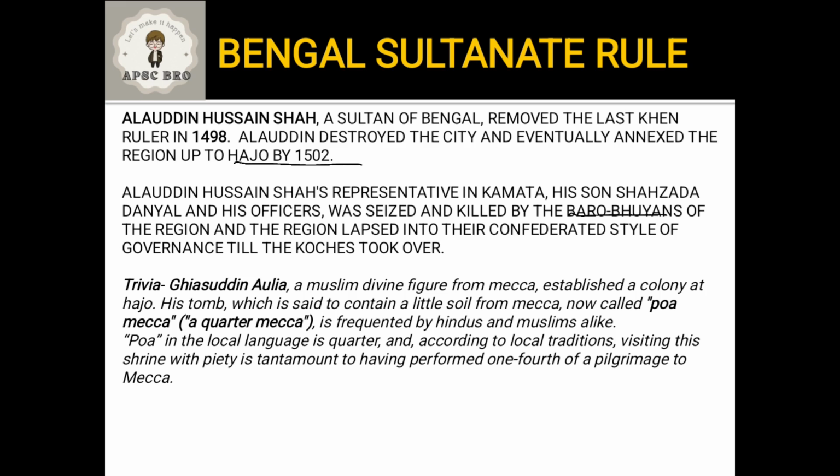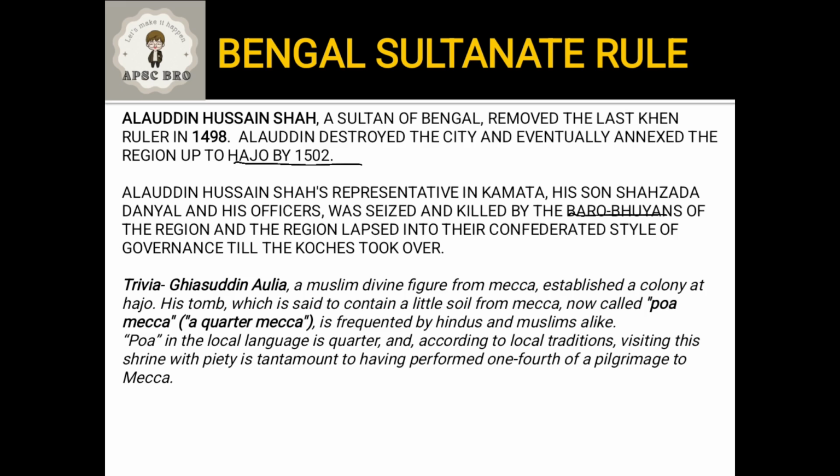So these Bhuyan chieftains started to gather importance. But a more confederated style of governance came into being, that is, small chieftains got prevalence instead of a big kingdom, right? Taking this advantage, the Koch Kingdom came into being.